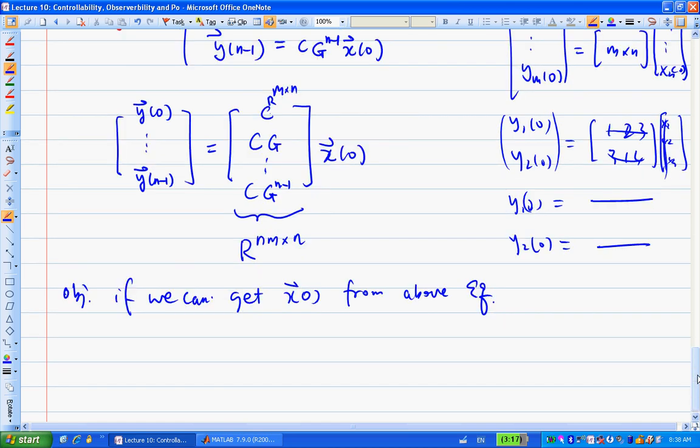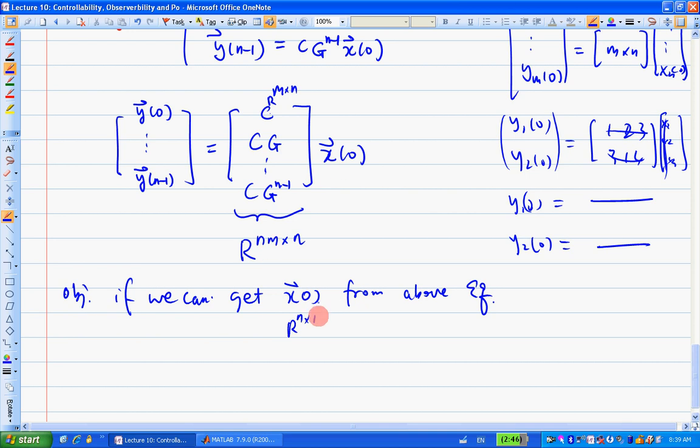And what's x of 0? X of 0 is an n by 1 vector, right? So here comes this dilemma: this is not a square matrix, right? This is actually way beyond a square matrix, so much larger than that.